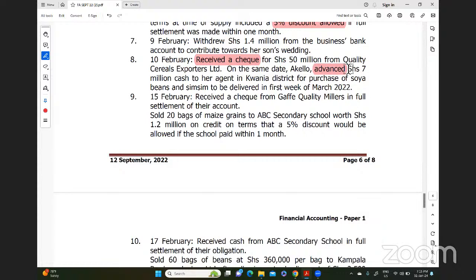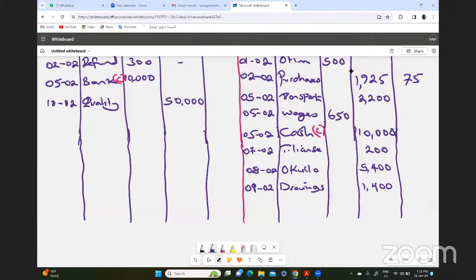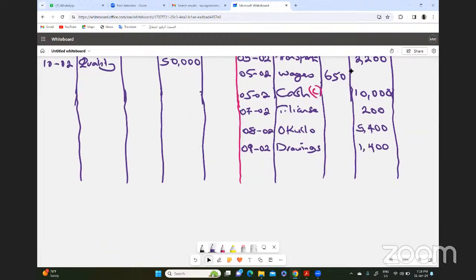So ideally, this is like you're prepaying. You're having some bit of a prepayment.